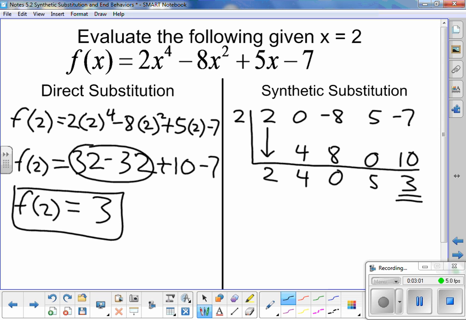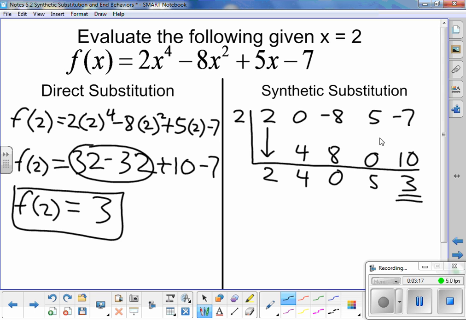The end number is actually what you get out. So this one is 3. If you look at this one, we got a 3 when we plug in 2. This one we got a 3 also.